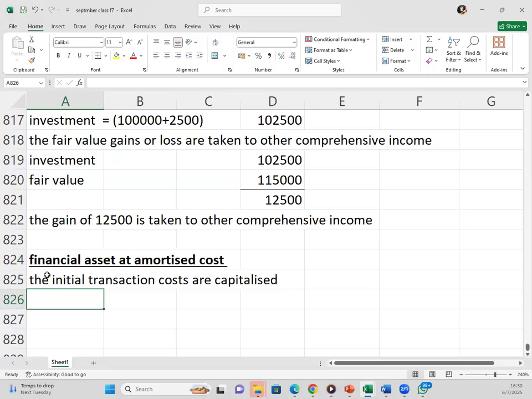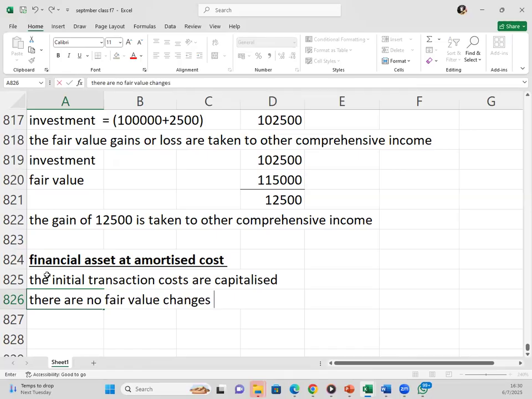Then a financial asset that is held at amortized cost does not suffer fair value changes. There are no fair value changes under this model.